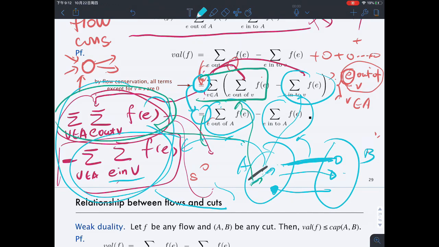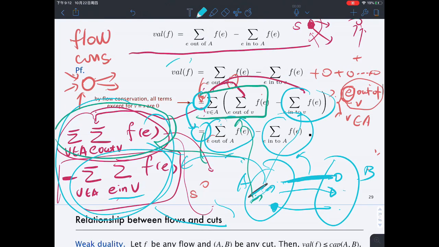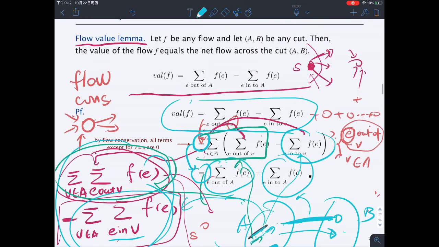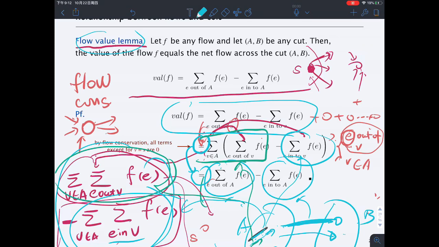When we cancel, it will be counted twice, but it cancels out each other. It has no impact on the entire sum. The only impact we see is the cross edges, either moving from A to B or from B to A. That's the reason we have the flow value lemma.